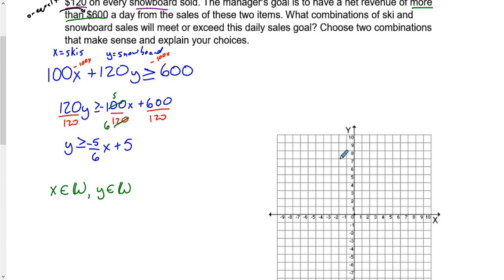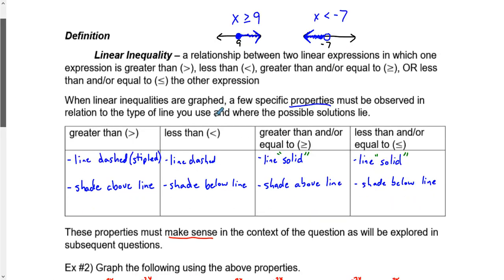So when we do our graphing, apparently I got rid of my dots. We have to keep that in mind. We're going to have these dots. But because we have whole numbers, anything that might be on this line will not be part of our solution, which means we technically are not going to have a solid line. And that's what I mean by having a quotation solid line.